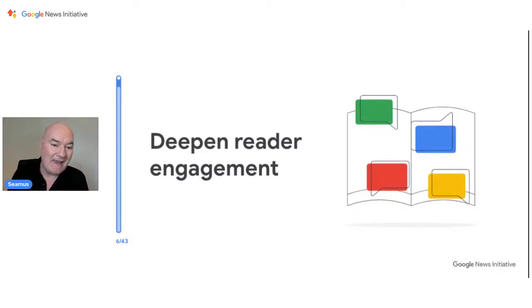Deepening the reader engagement. And actually, it's worth pointing out on this first section, right across the Google News Initiative program, here we're talking about labs. We actually have lab sessions. So these are expert sessions where we're bringing people in from the area of media, of publishing, of journalism, and looking in these lab sessions at actually what can work.